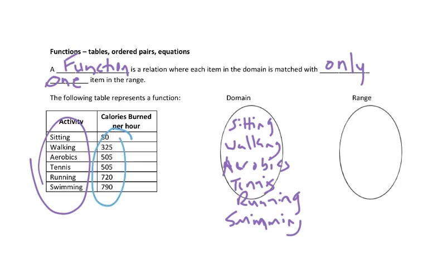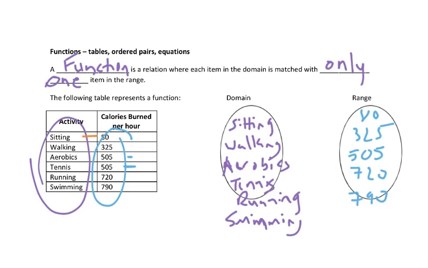The calories burned would be the range. So we'd have 80, 325, 505. And if a number in the domain or range is repeated, we wouldn't write it more than once. You just write it once. 720 and 790.